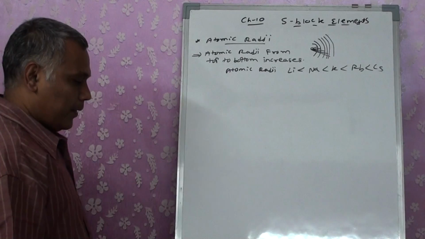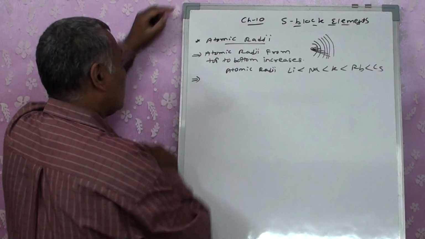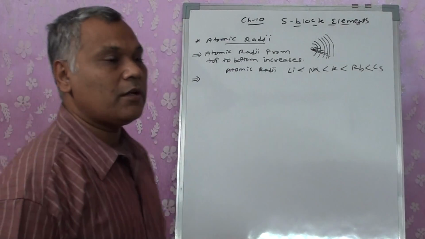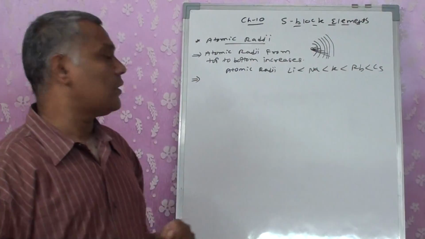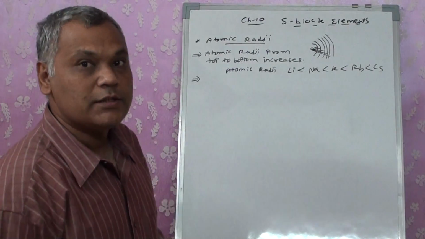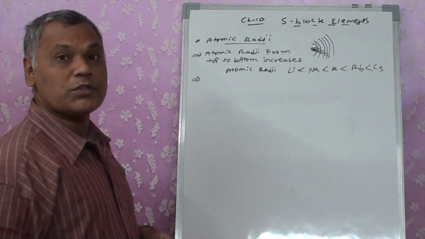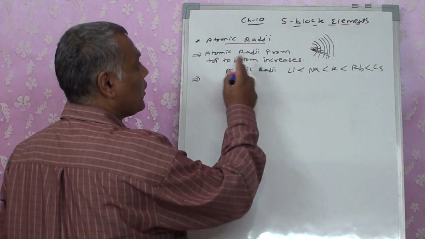Right? Okay. As we studied in our periodic trends in the 3rd chapter, when I am moving from top to bottom it is increasing, but if I move from left to right, atomic radius decreases. These are the first group, that means on the leftmost side of the periodic table.